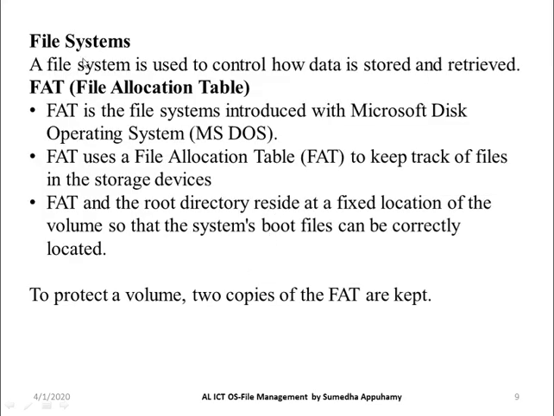File systems. A file system is used to control how data is stored and retrieved. So now you all know what a file is and what a file type is. Now you are going to discuss what a file system is. With the help of the file system, you can store this file and retrieve it whenever you require. We have discussed the hard disk.